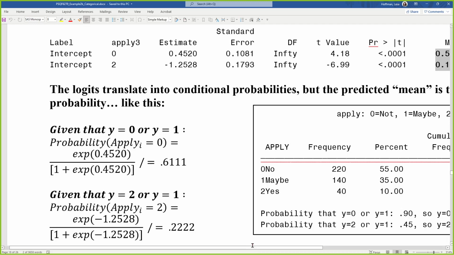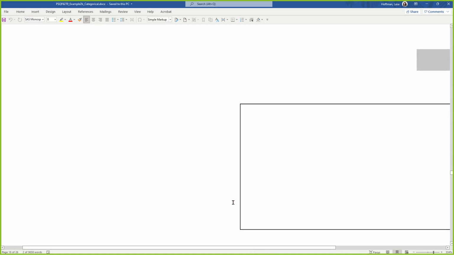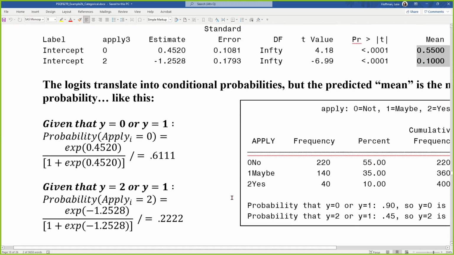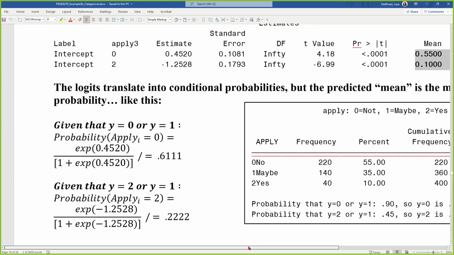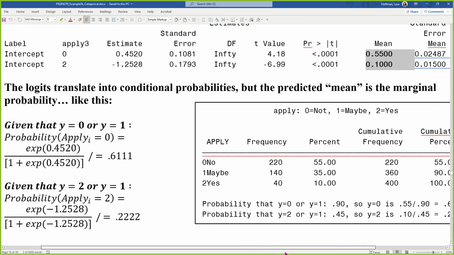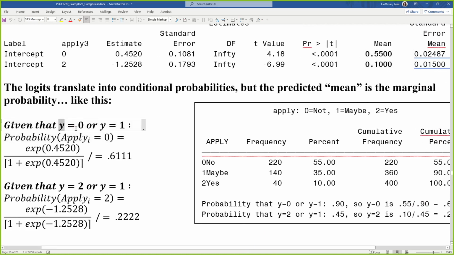So here's how we get those numbers. If I start with the interpretation of the submodel, given that they answered 0 or 1, what is the probability that they answered 0? That's my logit. That translates into a probability of 0.66.